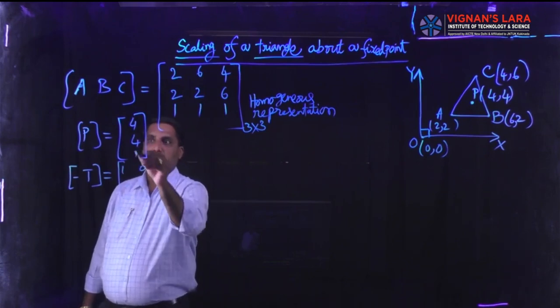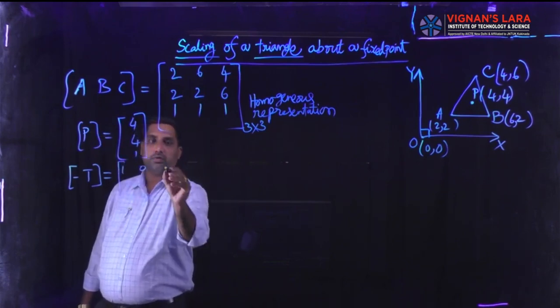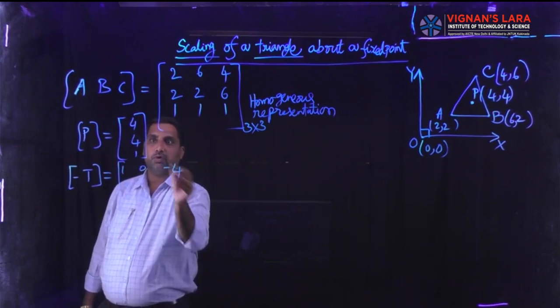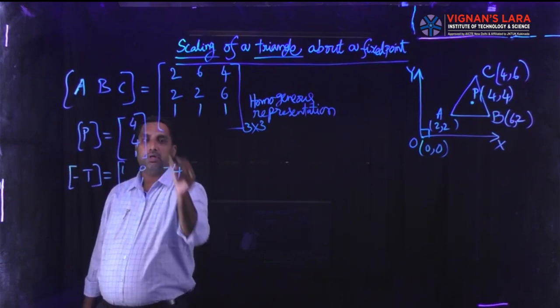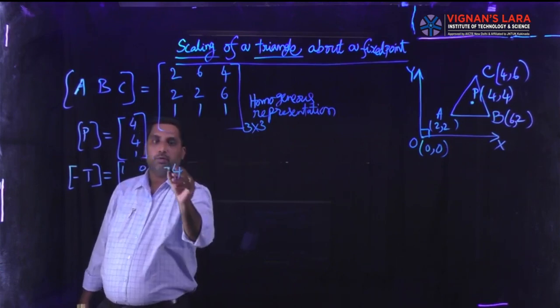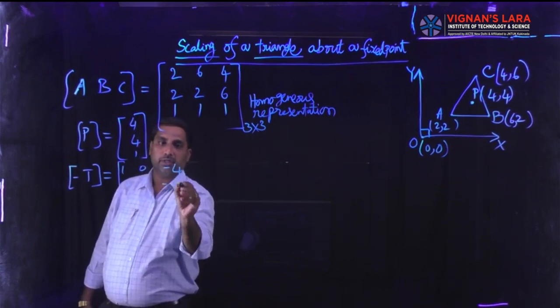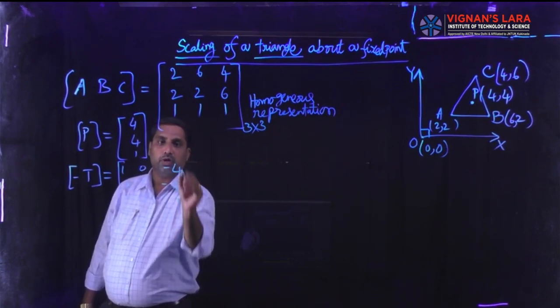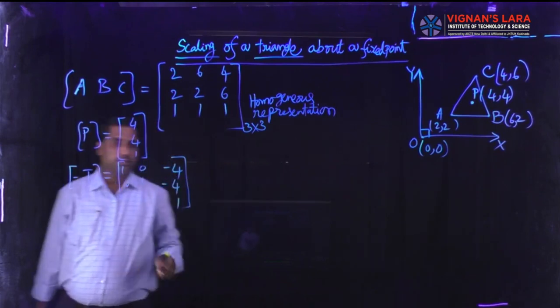The coordinates of P are 4, 4, so here you write minus 4. Subtracting 4 from 4 gives 0. Hence you write minus 4, next minus ty is minus 4, and the last one is 1. This is the negative translation matrix.